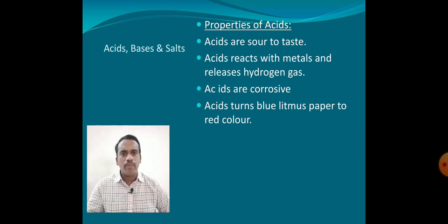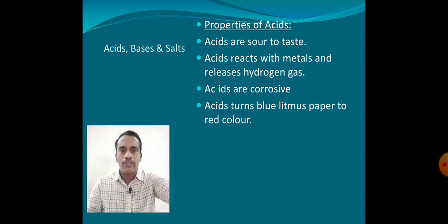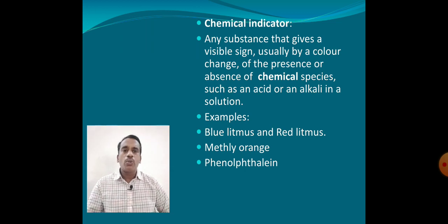Now, let us see how we are going to classify the acids. We are majorly classifying the acids into two kinds, we already discussed. That is called an organic acid and an inorganic acid. Whatever it may be, the organic acid or inorganic acid, we can easily identify with the help of an indicator.